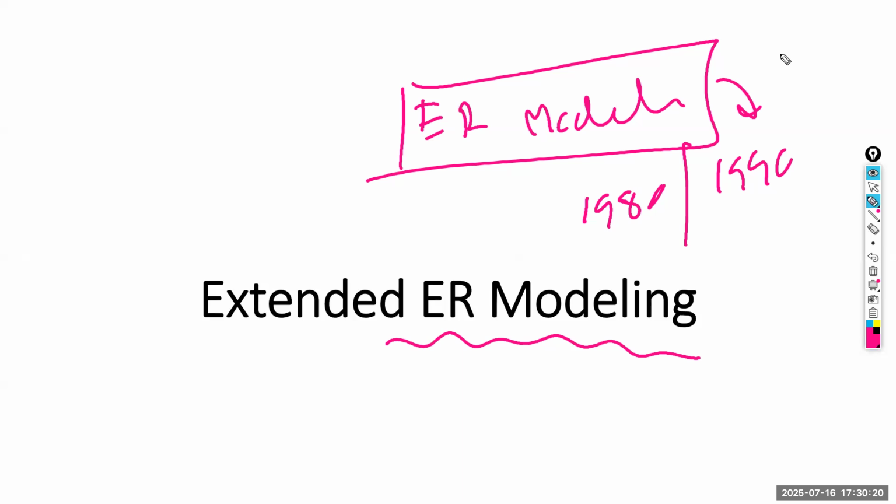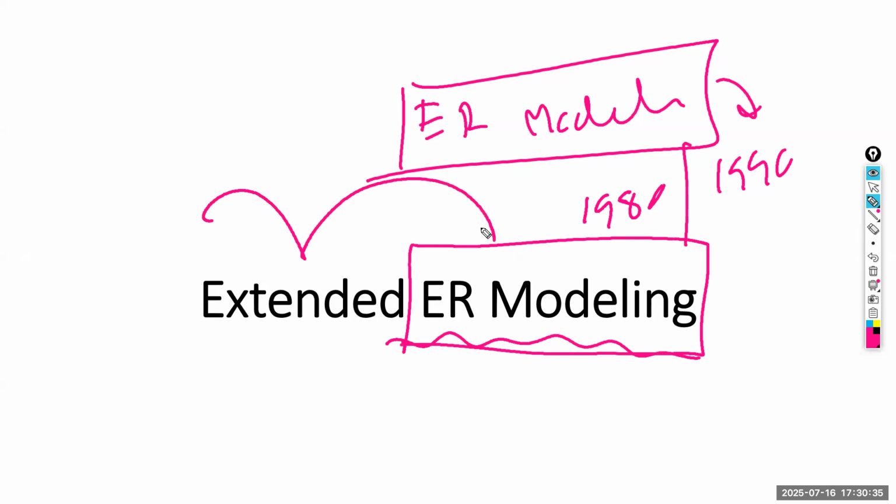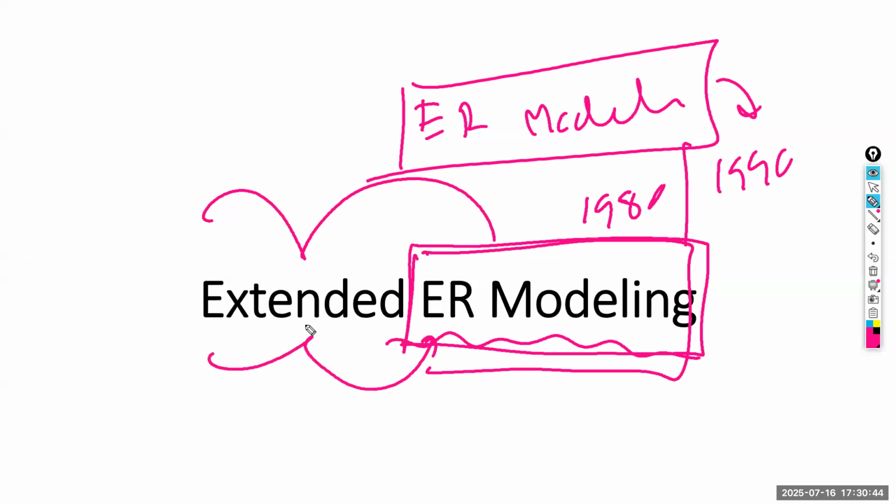So in order to support that, ER models started supporting some inheritance-related concepts. People call it extended ER modeling. That is, to the normal ER modeling, you add some object-oriented concepts also, and we model that also. So we call it extended ER modeling, EER.